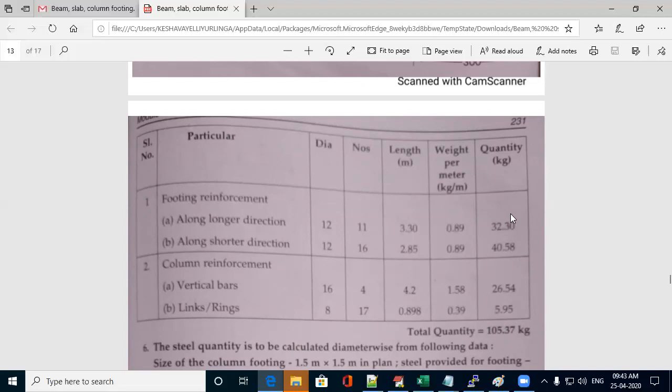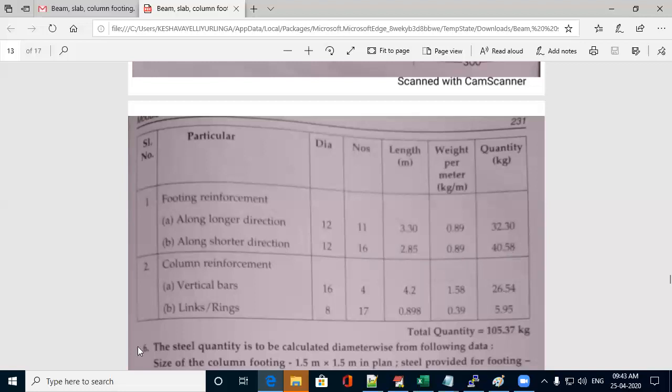This quantity is the product of number, length and weight per meter. Similarly, along the shorter direction, you have 16 bars of 12 mm dia, each of length 2.85, and the weight per meter we know. When you multiply these three, you will get 40.58.